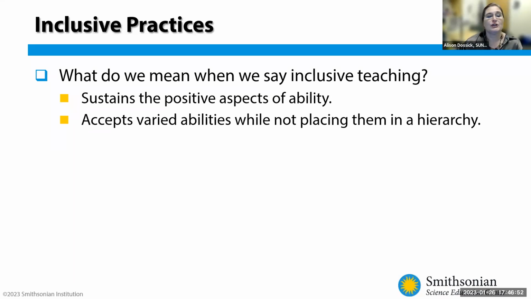So when we say inclusive teaching, that is sustaining the positive aspects of their ability. And it's the second bullet of accepting varied abilities while not placing them on a hierarchy, which means not saying that one person's vision is more important or less important than a person's ability to hear, or a person's ability to balance, or a person's physical abilities.